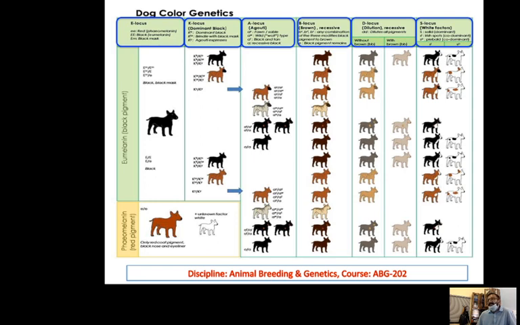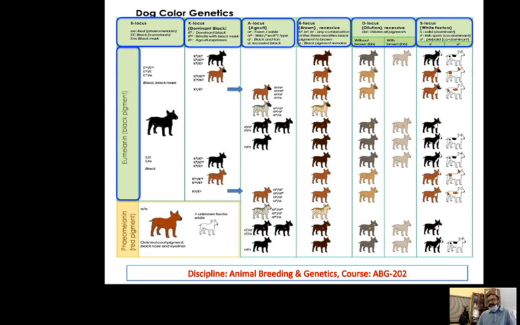So the story looks to be a bit complicated. And here you see the eumelanin, black pigment, and in that case the E locus is there, and we get the black. The second is the pheomelanin, red pigment.